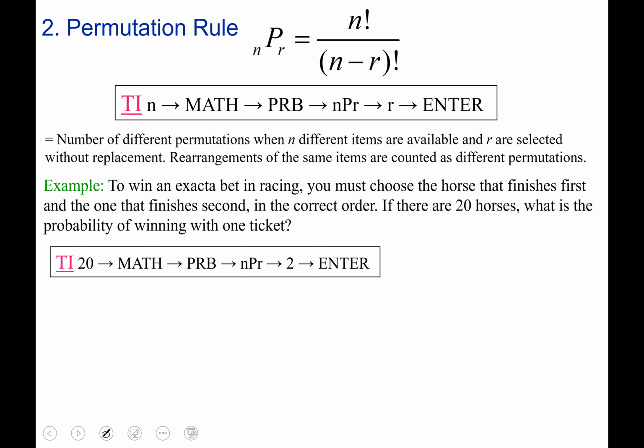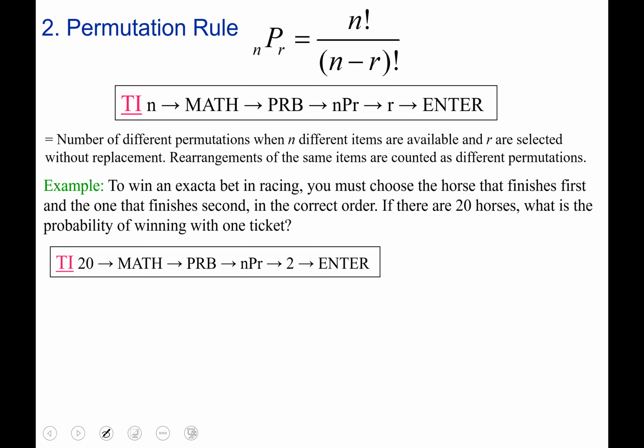Now you're going to arrow over, it's 3 times on mine, to where it says probability. If you look at your list of probability programs there, you have rand, nPr, nCr, there's that factorial key. We want to choose nPr. So go to that program and open it up.